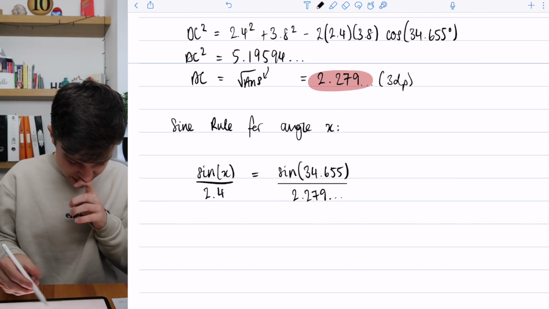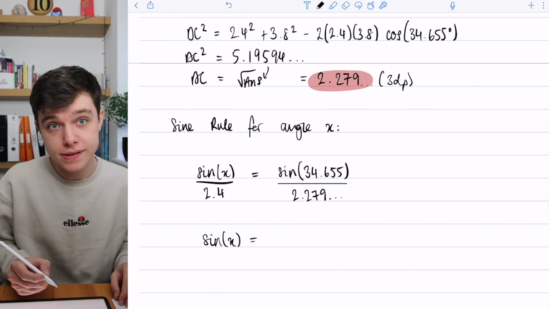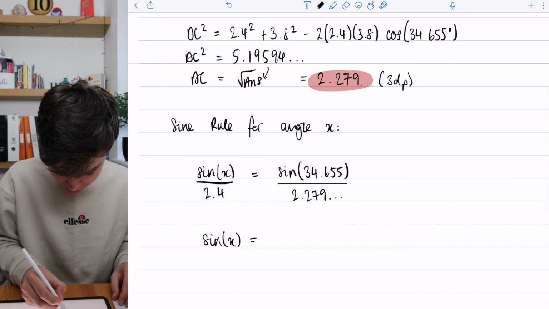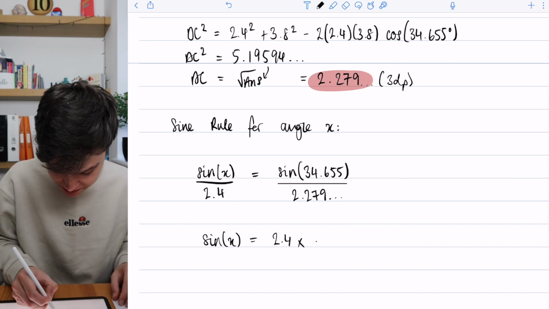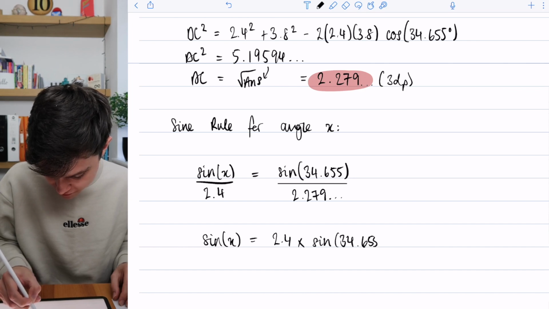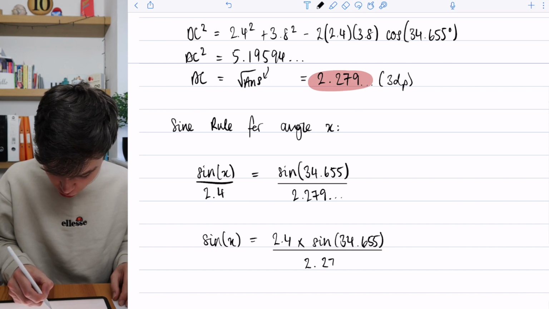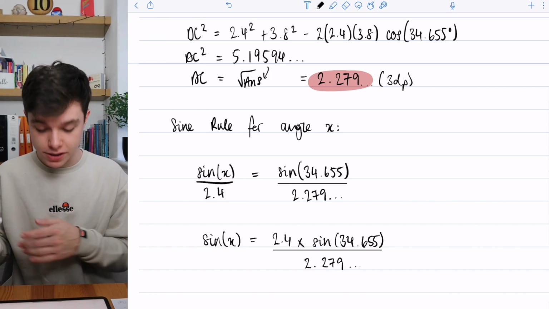Then all we need to do is just do sine of x, and we can do that by multiplying both sides by 2.4. So we'll get 2.4 times sine of 34.655 in degrees, of course, divided by 2.279, and that carries on.